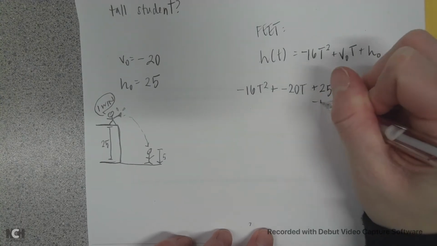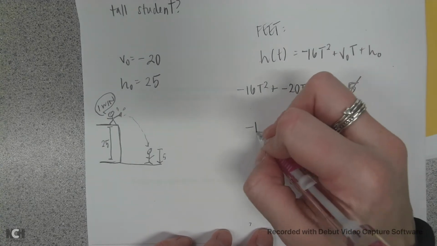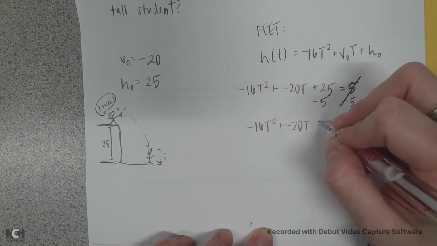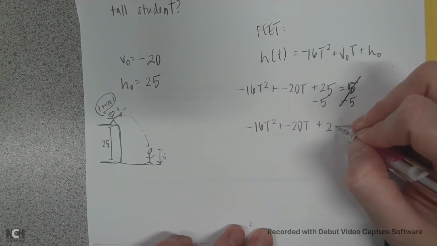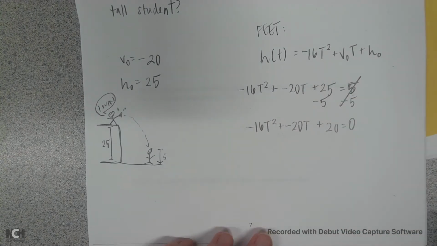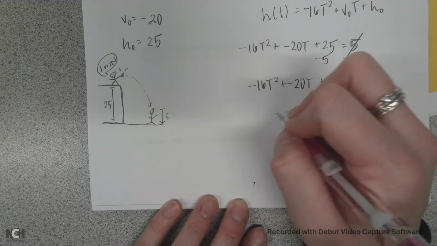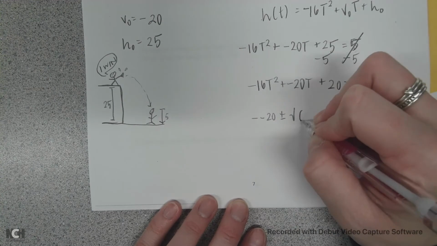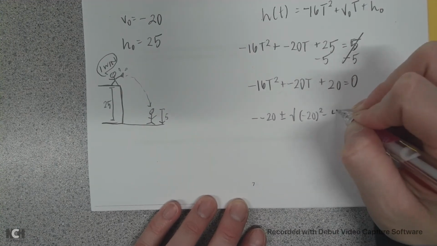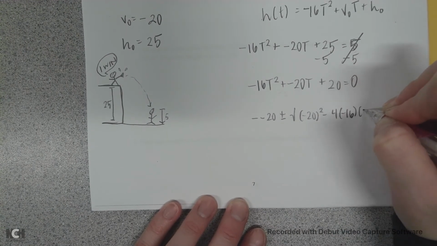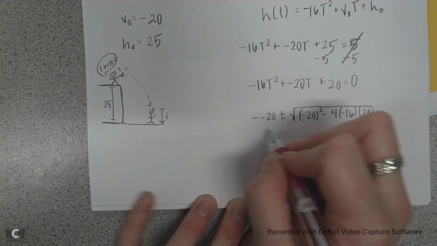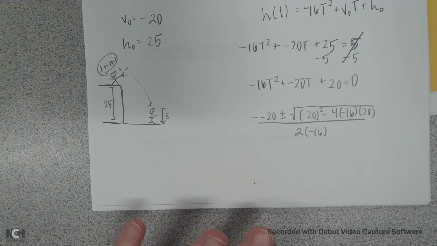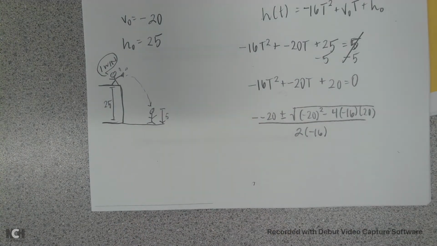So I'm going to subtract my 5 from each side because we can't use our quadratic equation without having our whole equation equal to 0. And then we plug it in. So x is equal to negative b plus or minus the square root of b squared minus 4ac, all over 2a. Then we need our calculator.